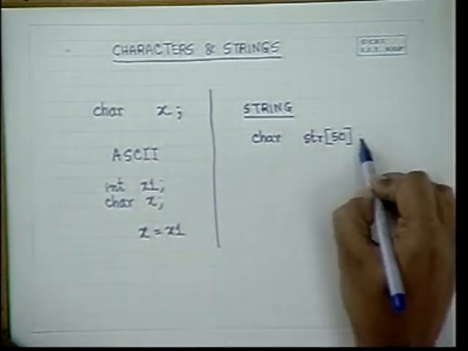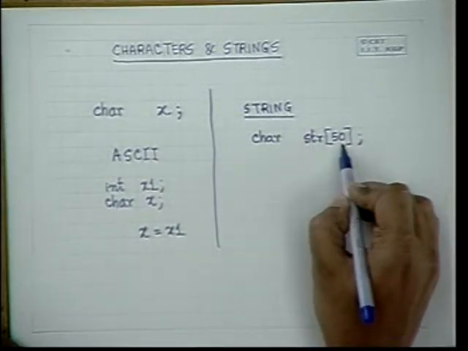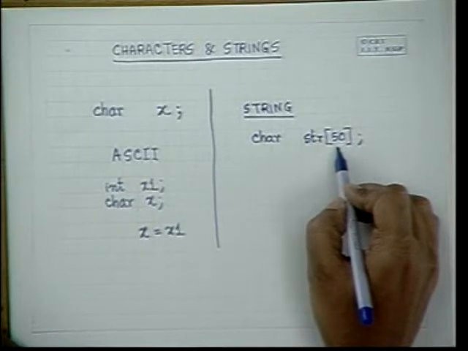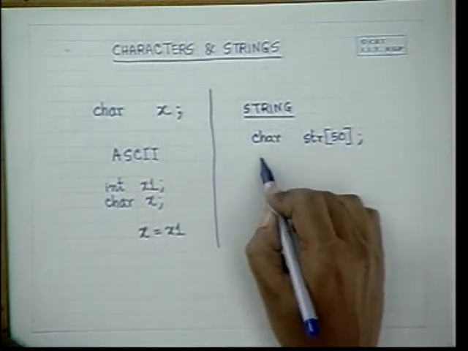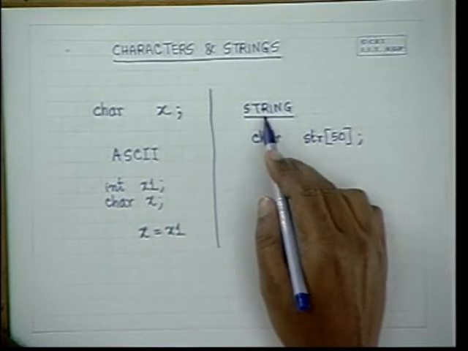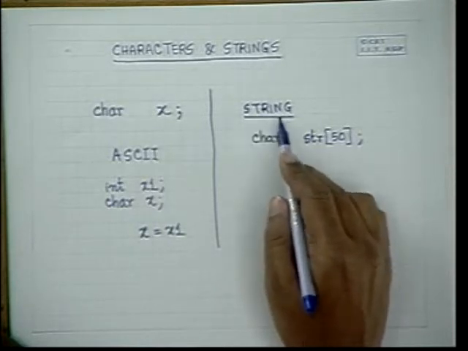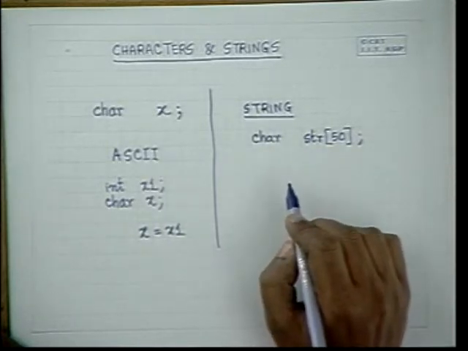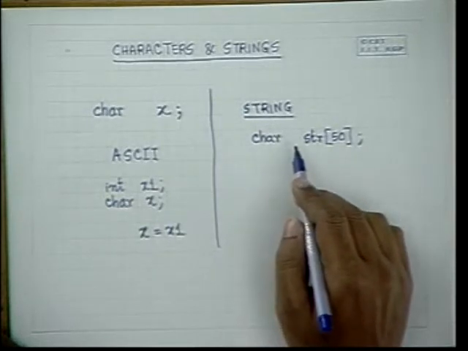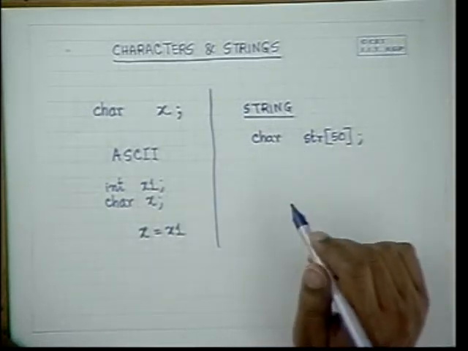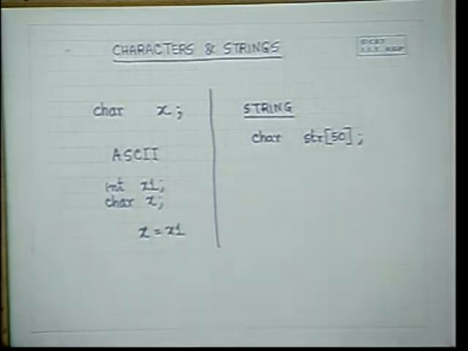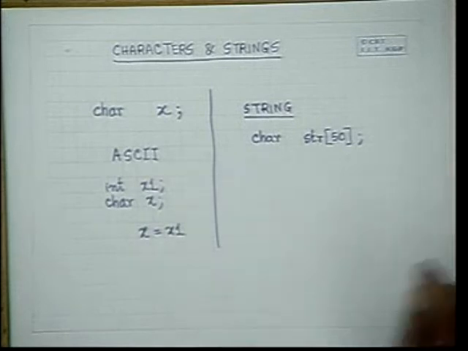If you store the elements of this string in a proper format, then you can use several string operations, which are functions provided in the C library for comparing strings, for copying strings, and for various other purposes. So let us see first an example on the use of characters, and then we will move on to strings.